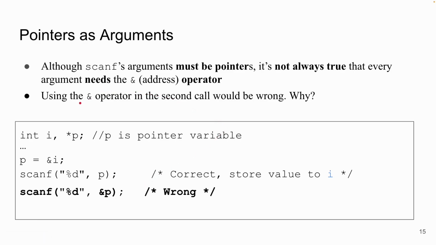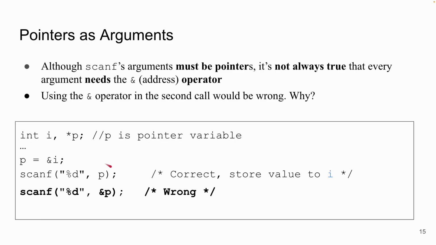So I want to invite you to think about why, in this case, we don't need to add the address operator to p. Why can we just put down p here? All you need to keep in mind is that what scanf requires for its argument is a pointer, and p itself is already a pointer variable, and it points to i.